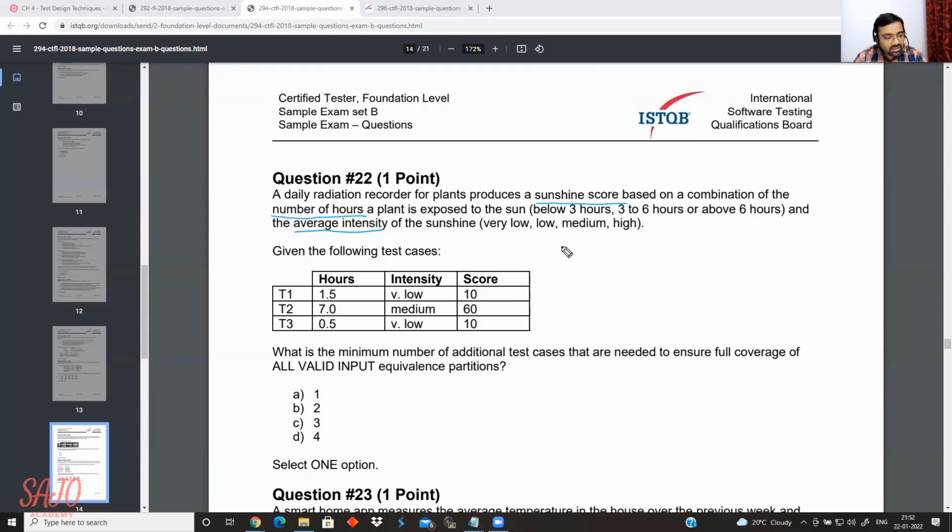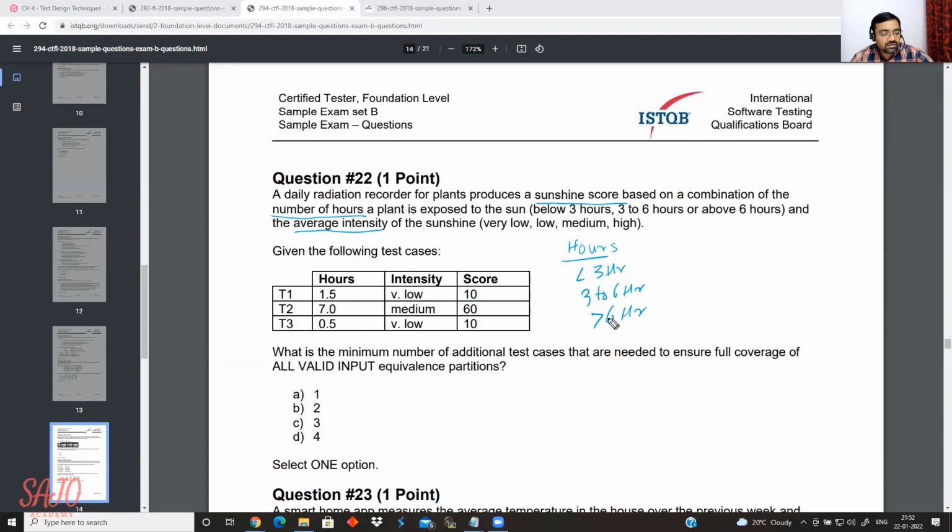Let's talk about the number of hours. How many partitions does hours have? Three. Below 3 hours, 3 to 6 hours, and greater than 6 hours.